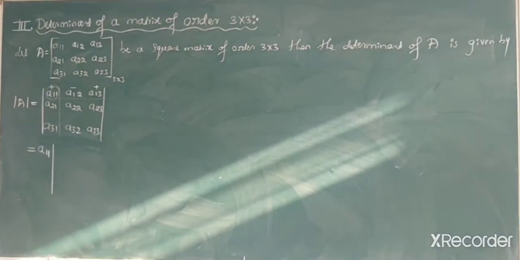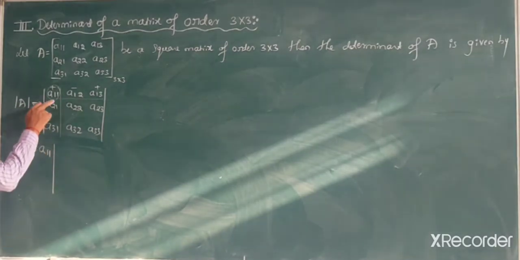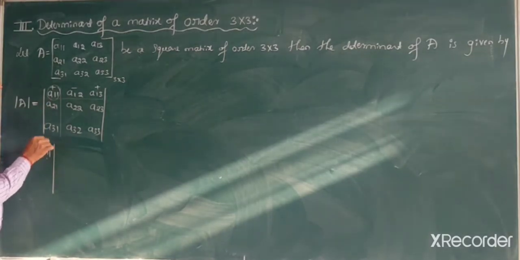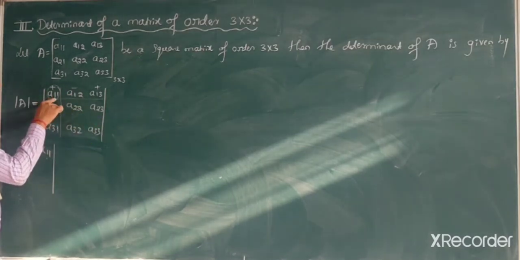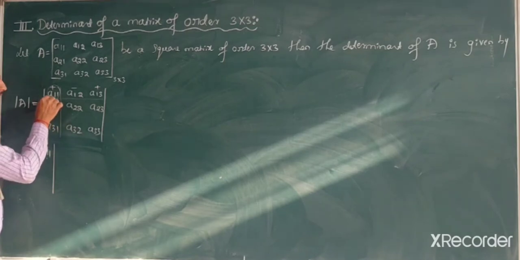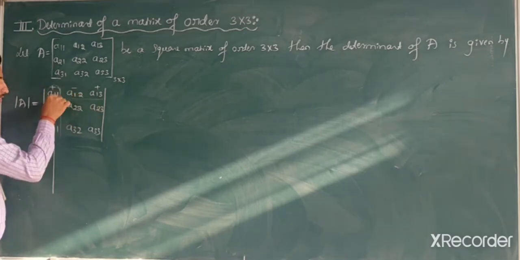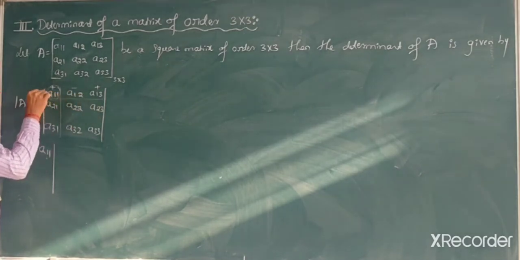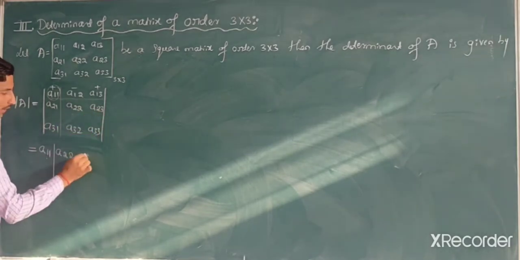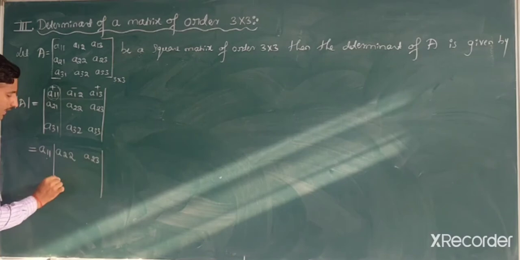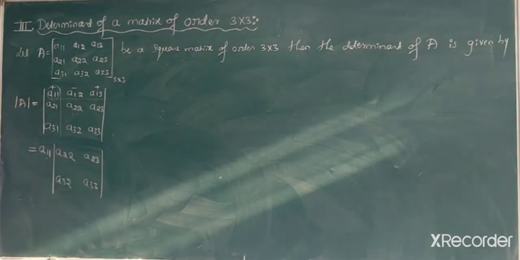While finding the determinant of order 3 cross 3, the first value is kept as it is, A11, and you have to find the determinant of order 2 cross 2 after eliminating the row and column where element A11 is present. Therefore, the remaining elements are A22, A23, A32, A33. Correct?